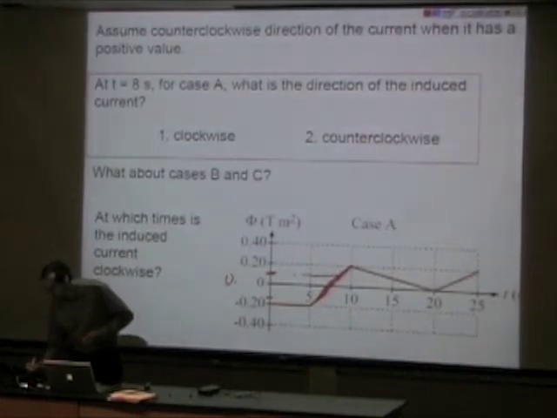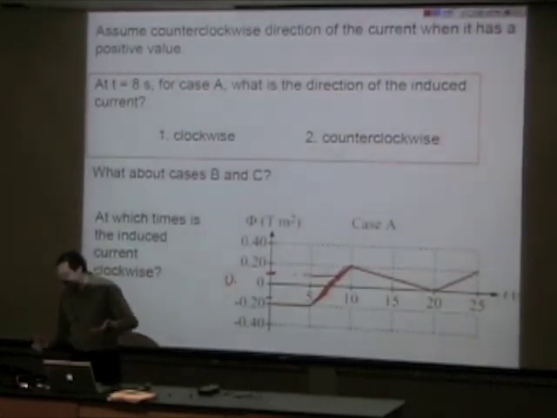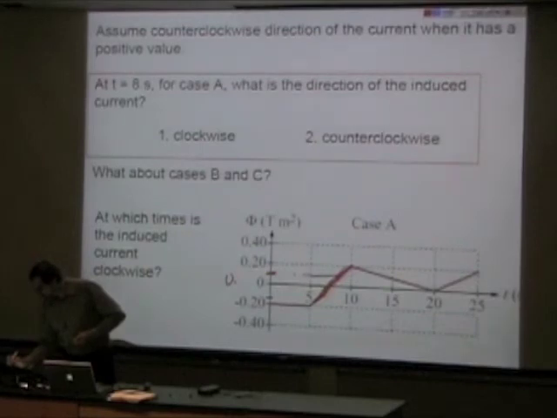So between 5 and 10, the slope is positive. When the slope is positive, EMF is negative and current is negative. And for the negative current, it's supposed to be counterclockwise, which means clockwise.